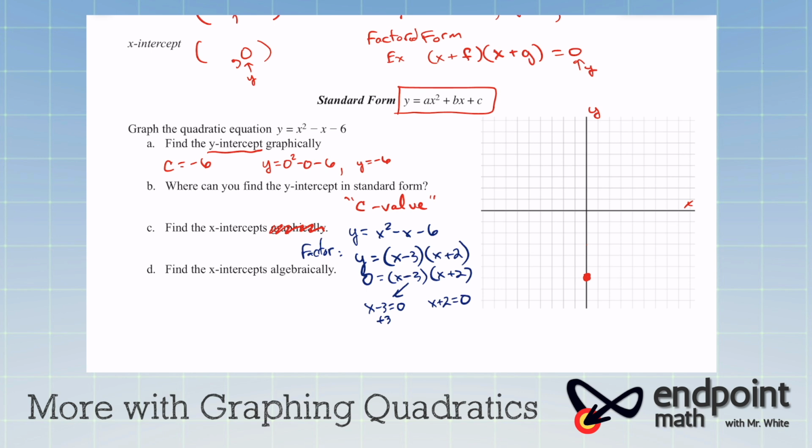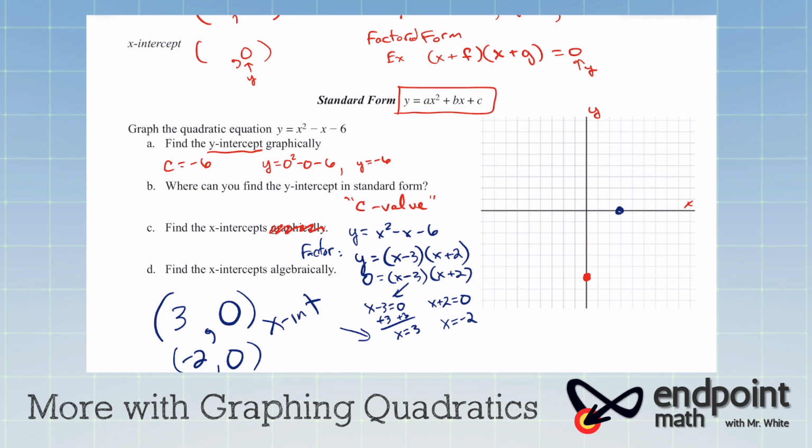So if I add 3 to both sides, you see x equals 3 and x equals negative 2. These are the x-intercepts. It is where y is 0. So we have two of them. We have (3, 0) and (negative 2, 0).